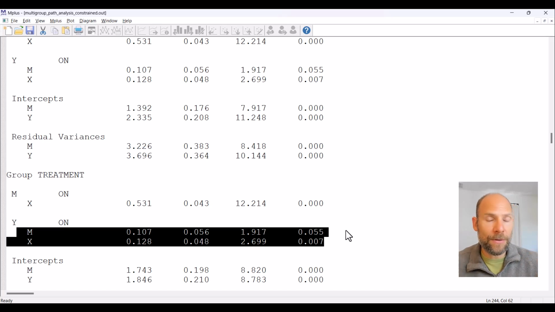With a chi-square test, you can test whether those constraints are acceptable or not. In this case, we found that at least one of the coefficients differs significantly across the two groups because the chi-square test here was significant.